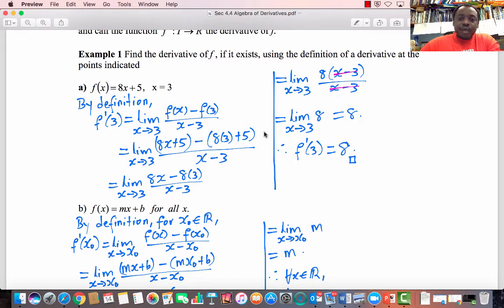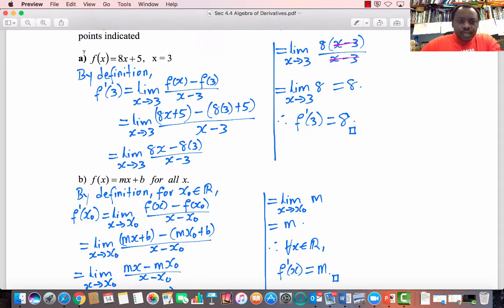This is the reason why I did not simplify 8 times 3. I was getting ready to cancel out x minus 3 and x minus 3. And that gives me limit as x approaches 3 of 8, and that simply equals 8. Therefore, the first derivative of f at the point 3 is 8.